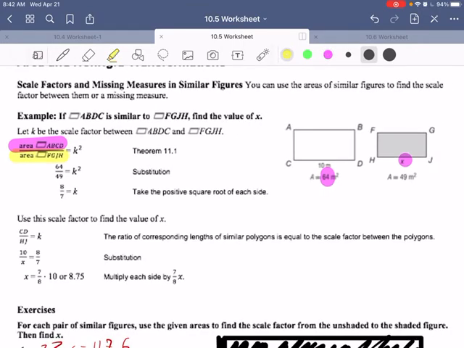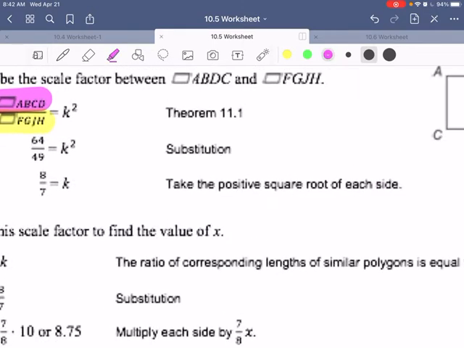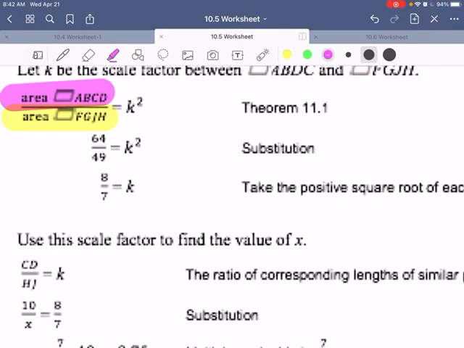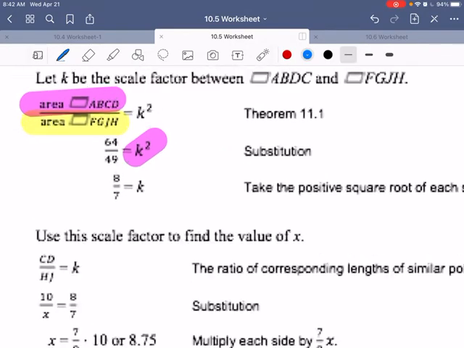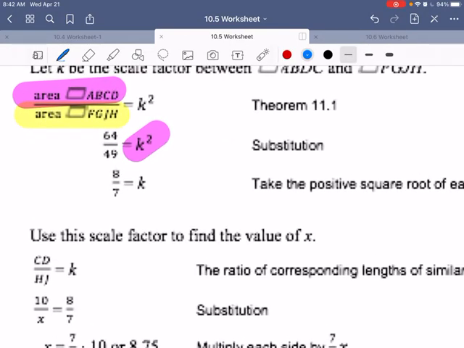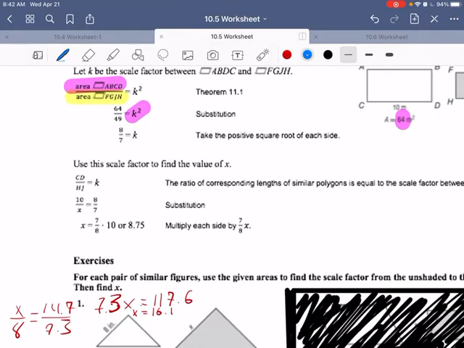And that's squared, so then we do the square root, because it's k squared, remember. So we do the square root of that, and we get 8 over 7.